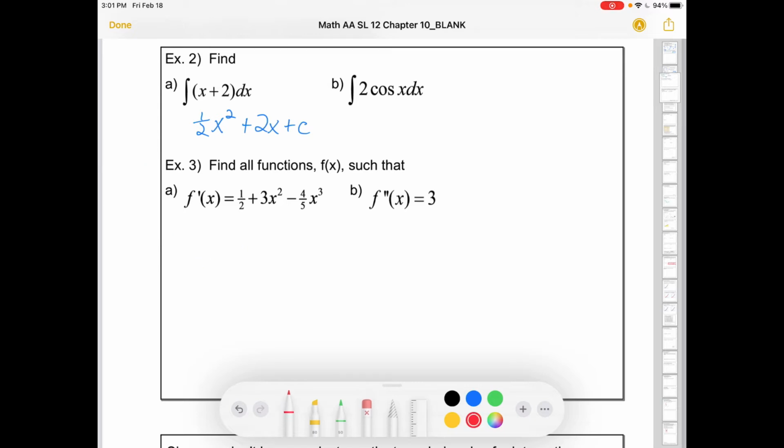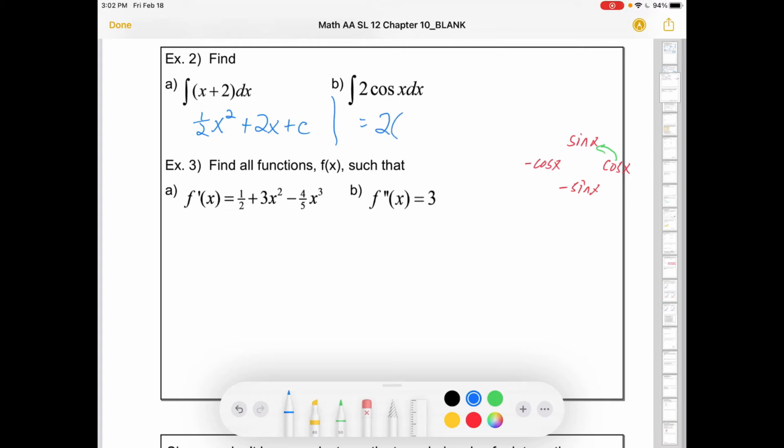Let's try another one. I'm thinking of the wheel of trig, in which we differentiate clockwise and we antidifferentiate counterclockwise. So in this case, the antiderivative of cosine is going to be sine. Now, when you antidifferentiate, just like when you differentiate, the constant stays.